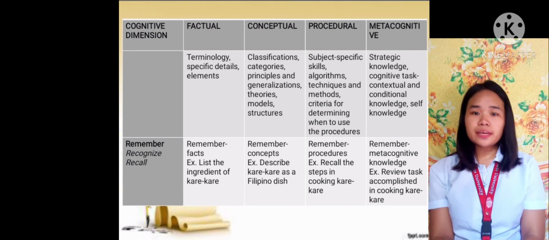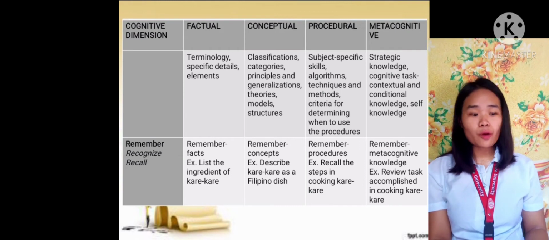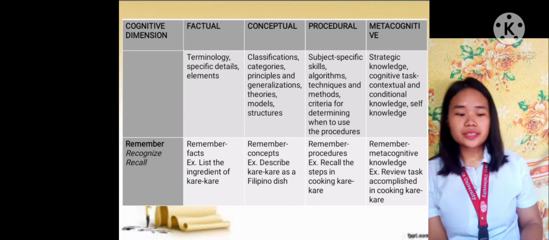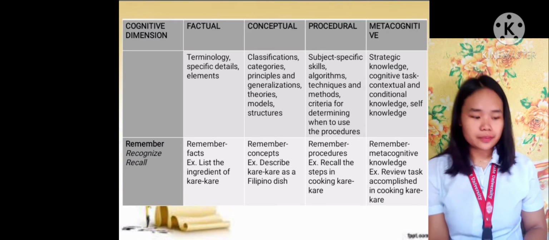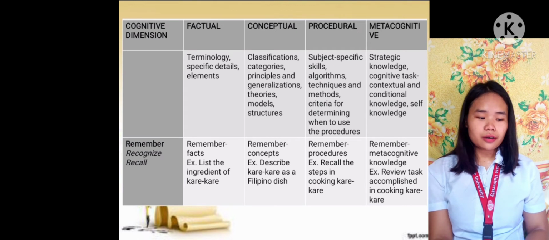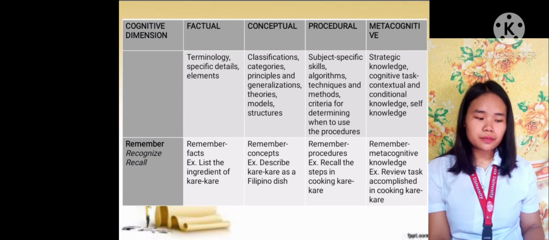So, in this table, we will see the example of each cognitive dimension under this knowledge dimension. So, first, remember. Remember is to recognize or recall.